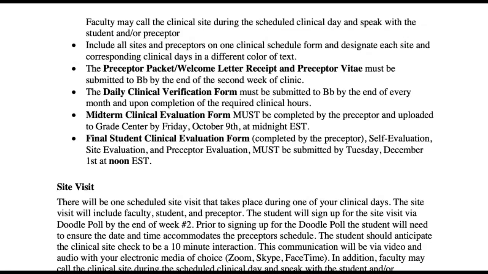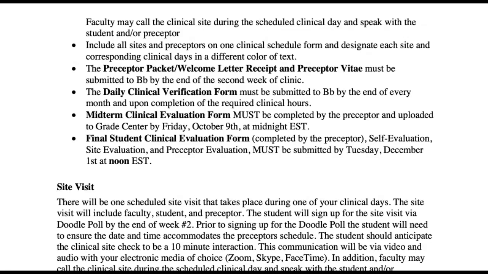So it's not a rolling log, it's a log for each month, and you submit that to Blackboard at the end of every month. And this is your preceptor initialing and signing, and you signing and dating that the information on that form is correct. So that must exactly match what's on your clinical schedule form and what is entered into the Typhon system.